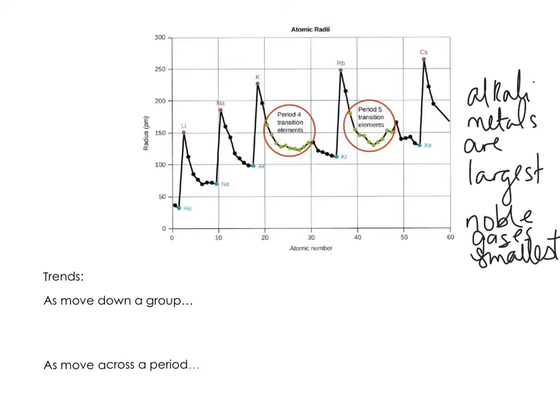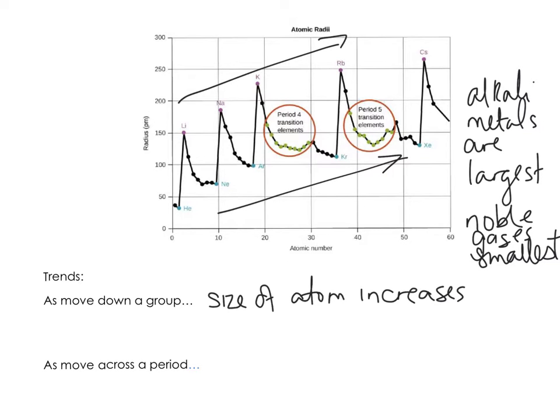And then, as we go down a group in the periodic table, the size of the radius or the size of the atoms increases. So going down a group, the size of the atoms increases.